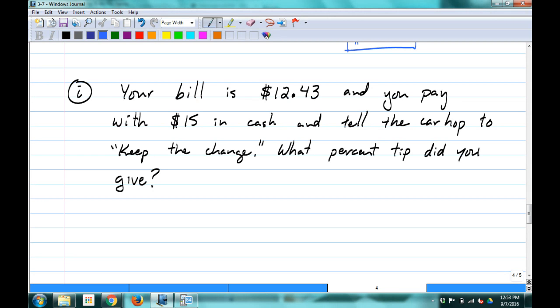Okay. So we're looking for the percentage. Now, what's the of part? Is it 12.43 or the 15? Well, how much was our bill? That's what we're tipping on, not on how much we paid or how much money we handed them.